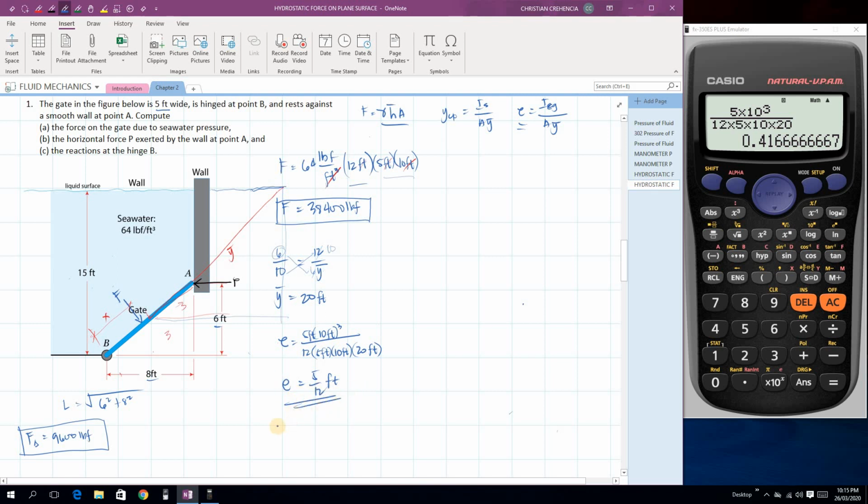So therefore yung distance X natin is, so kalahati nung 10 meters na length ng gate is 5 feet. Okay. Minus natin yung distance E. Nandito yung distance E. Minus 5 over 12 feet. Then distance X is, so 5 minus answer.